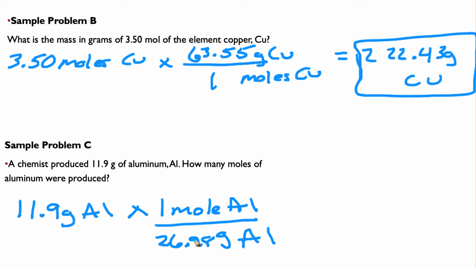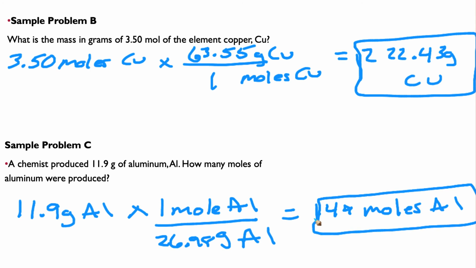So 11.9 divided by 26.98, and we get 0.44 moles of Al.